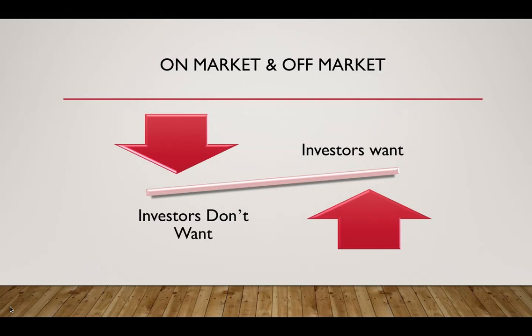Off market is, this is my property, you're the real estate agent, I have 5 or 6 other agents working on this, and here's a commission agreement. If you bring me a buyer, I guarantee to pay you X amount for this property. That is off market. And again, it is lucrative. And there is a lot more time and dedication, I feel, that goes into it because you're competing with other agents for the most part.